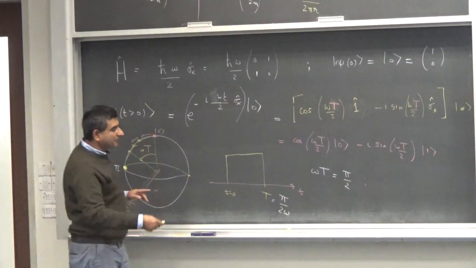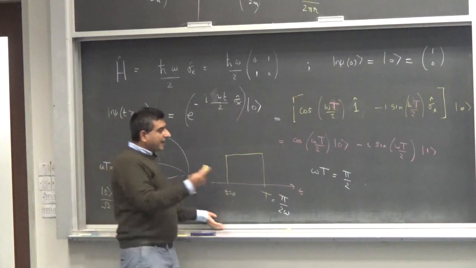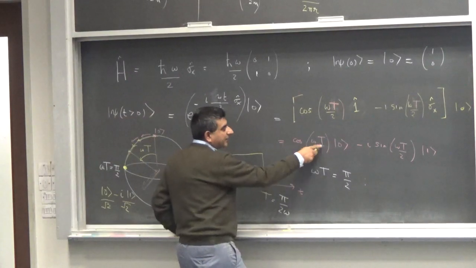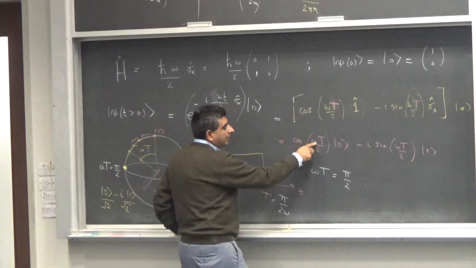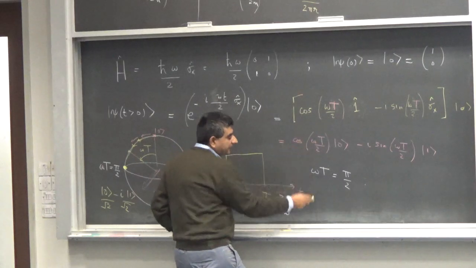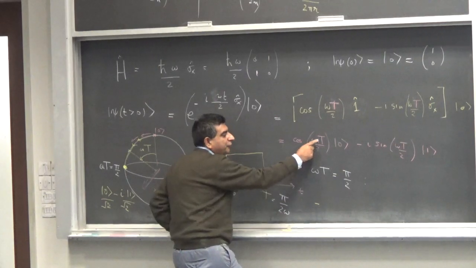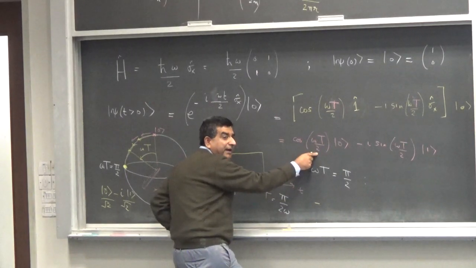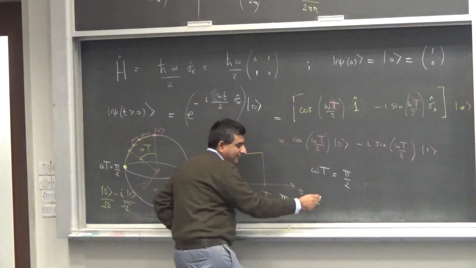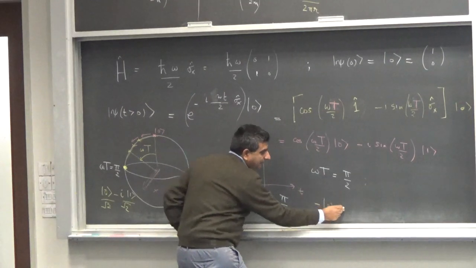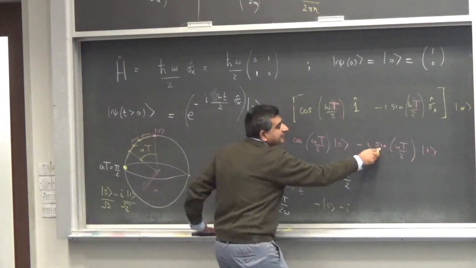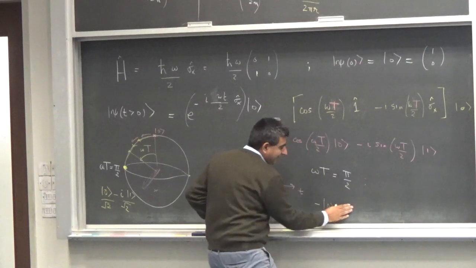So let's see what happens when omega t equals pi. When omega t equals pi, this becomes 2 pi, sorry. This becomes minus, because cosine of 2 pi over 2 is cosine pi, which is minus 1. Minus ket 0, minus i, this becomes sine pi, which is 0, so I'm just left with this.